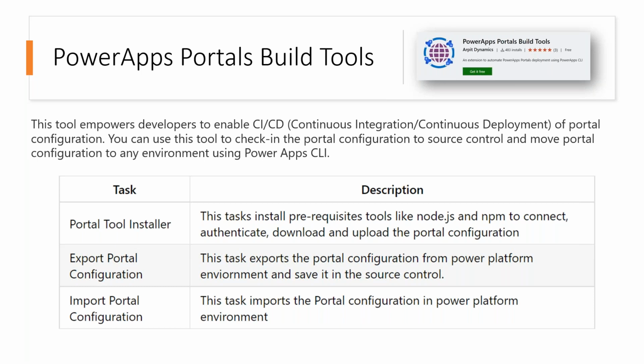Because if you have to export the configuration from your source instance, which could be your development instance, then first you need to make the connection. So you need to write another Power Apps CLI command to make the connection with your dev instance, right? Then you have to write a new command to export all the configuration from there.